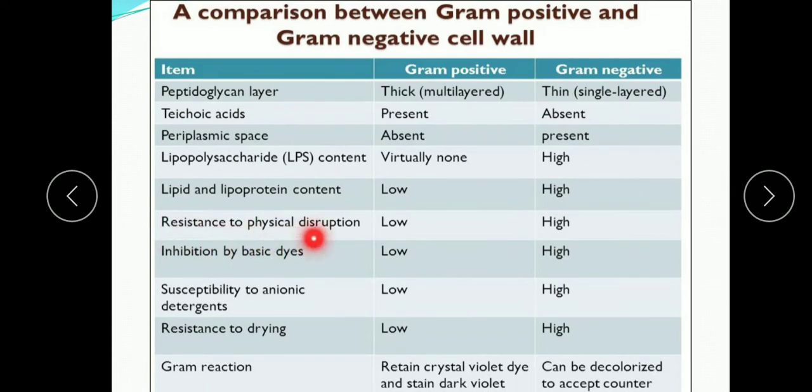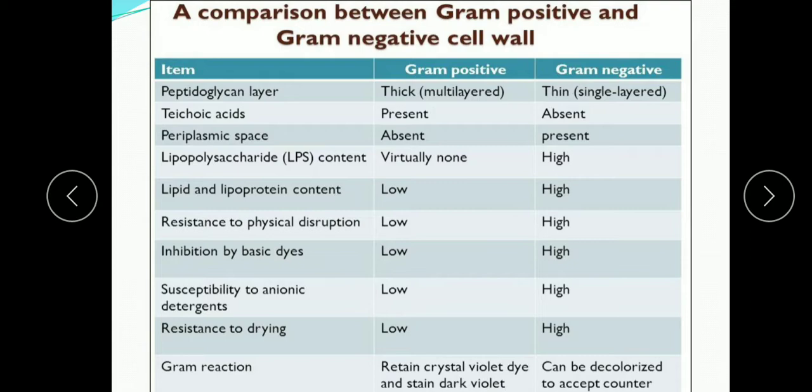Resistance to physical disruption means how rigid the cell wall is. It is very high in gram positive bacteria and very low in gram negative bacteria. So it is not easy to physically disrupt the cell wall of gram positive bacteria.